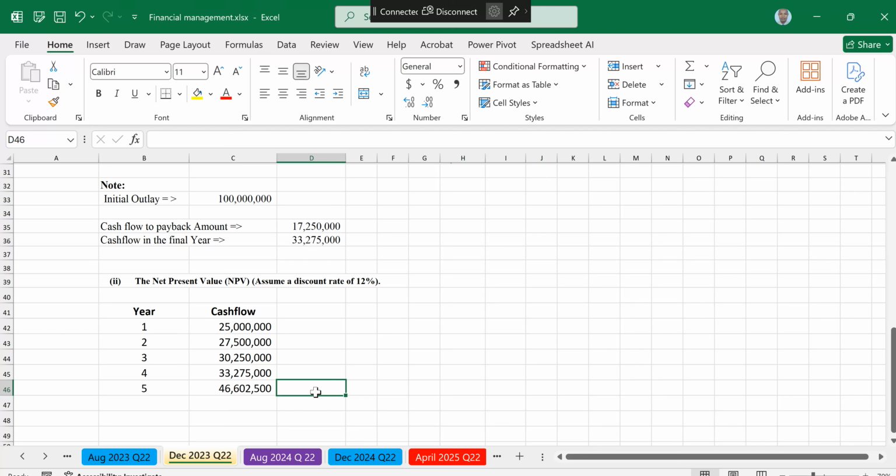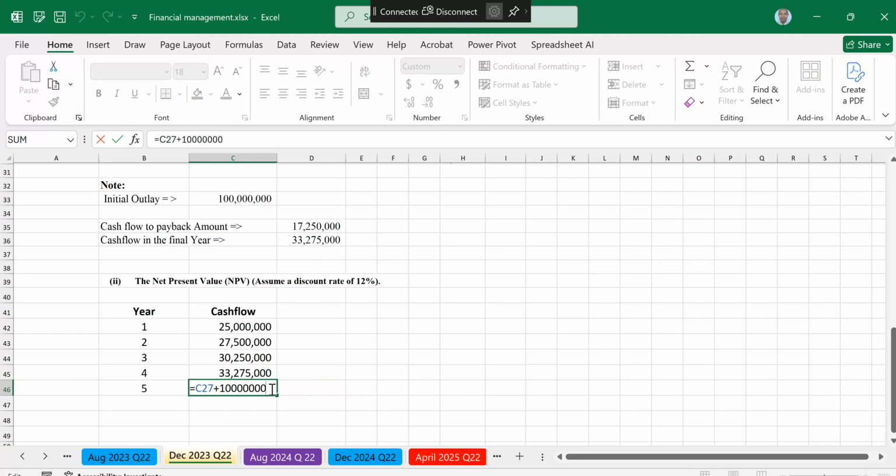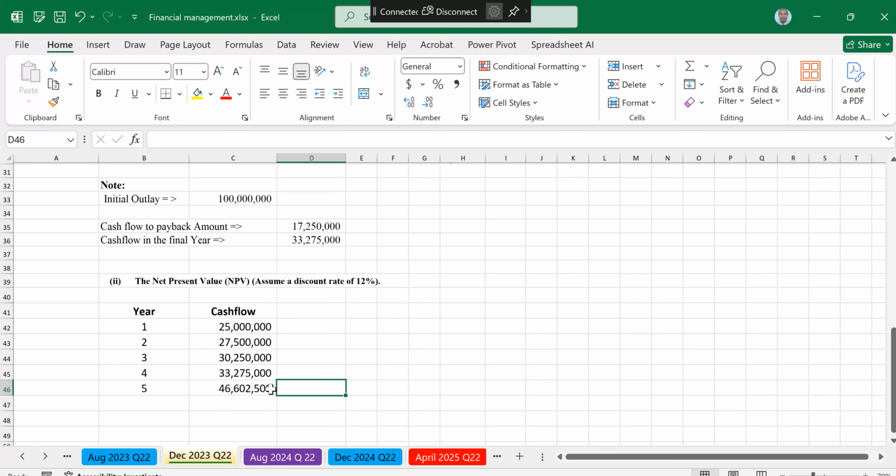So you just double click what is there and add 10 million because it's inclusive of the residual value of 10 million. You can write here: include the residual value of 10M.